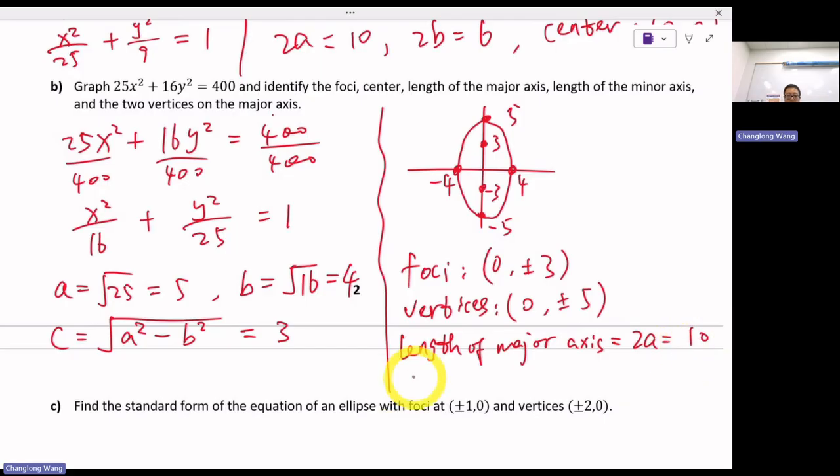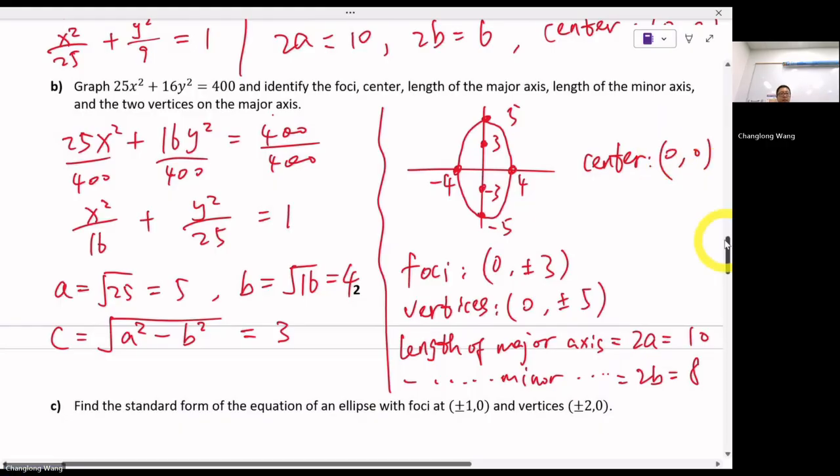That will be 10. And the length of minor axis is 2b, which in this case is 8. Just in case you wonder where the center is, the center of the ellipse is at the origin. Okay.